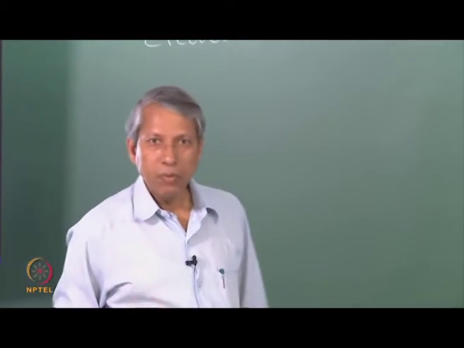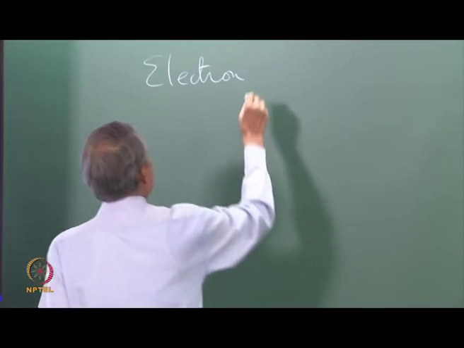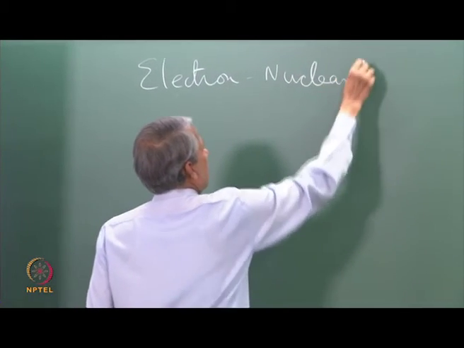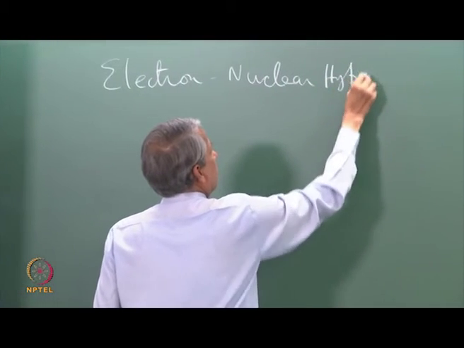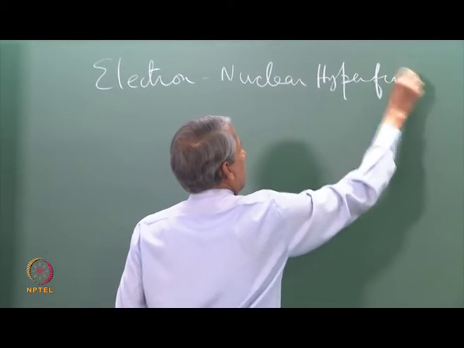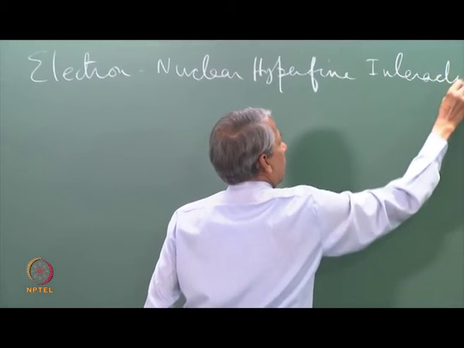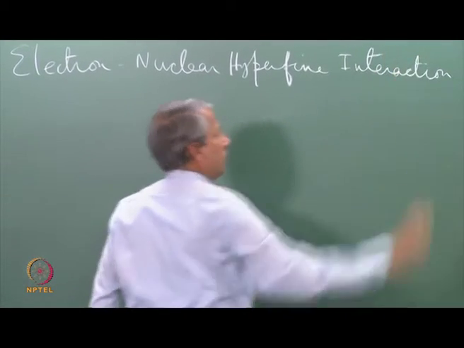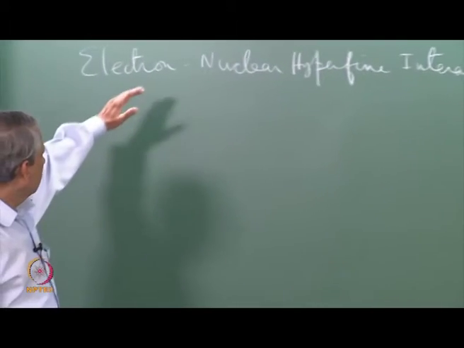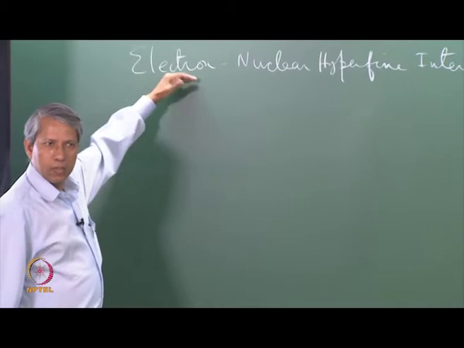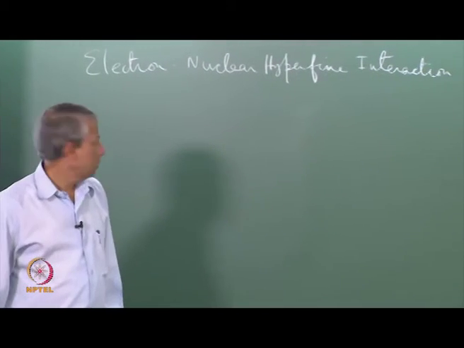Electron nuclear hyperfine interaction. I said that this interaction produces lots of hyperfine lines, and let us try to understand the origin of that.